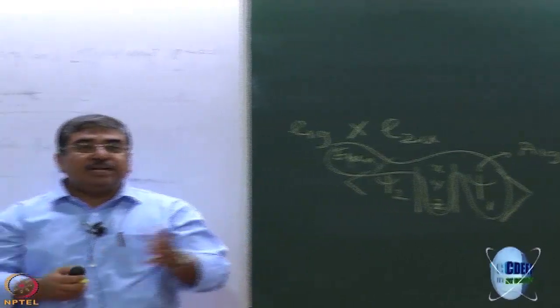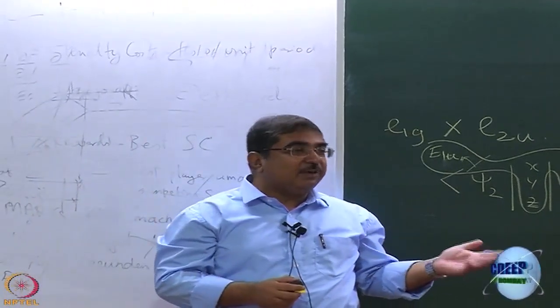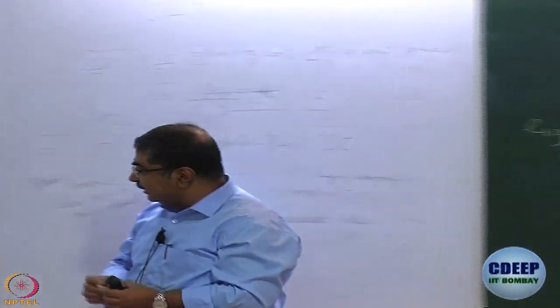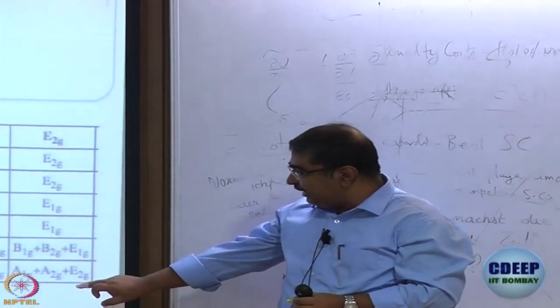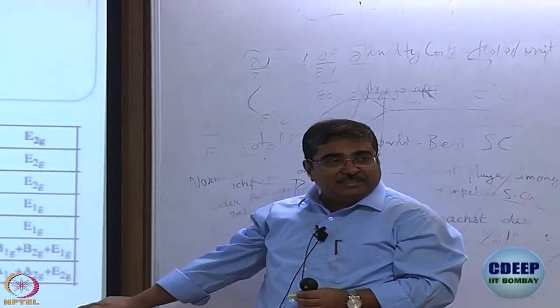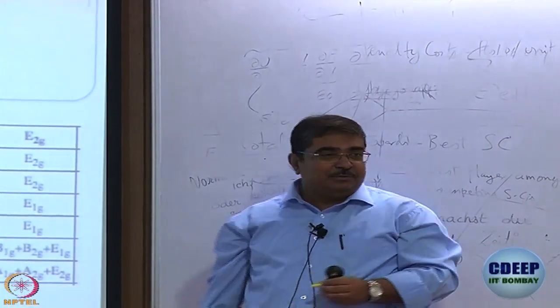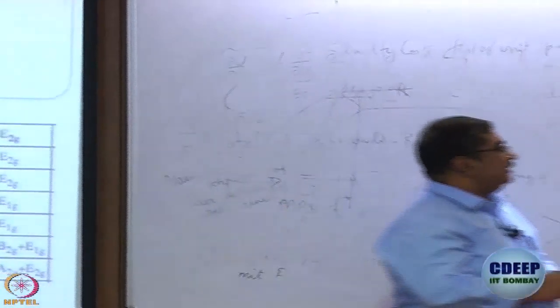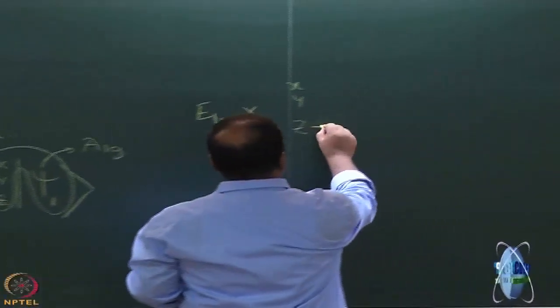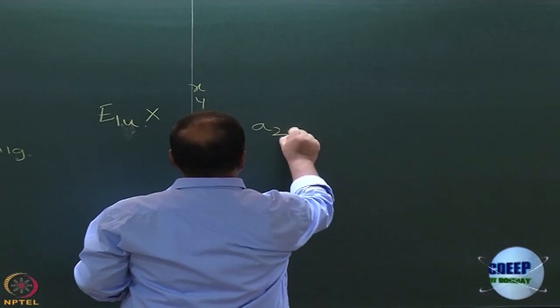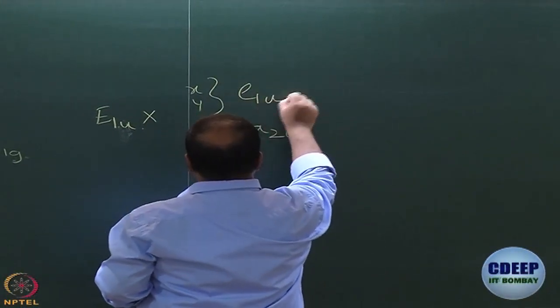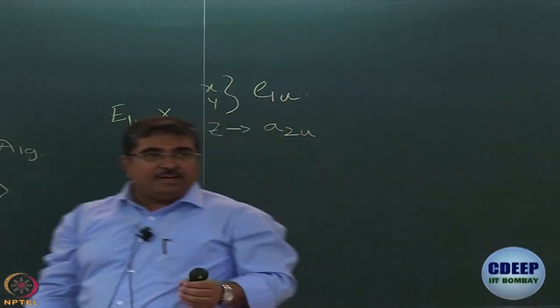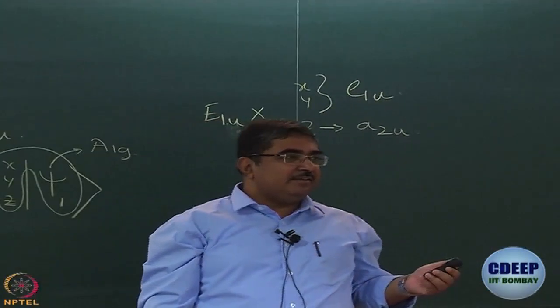Of course, to do that I need to tell you the symmetry of x, y and z, and this is what is written here. I do not know if you have noticed. Z is A2U and x and y together form a basis of E1U. That comes from the character table.